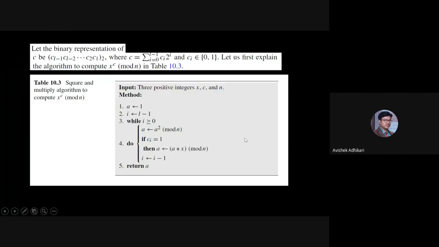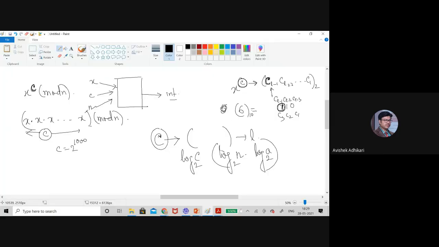So this a value is usually less than n, so you can think of it as bounded by n. The whole complexity will be log c times log n, whole squared.